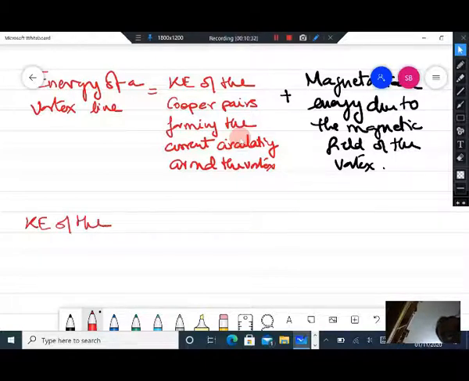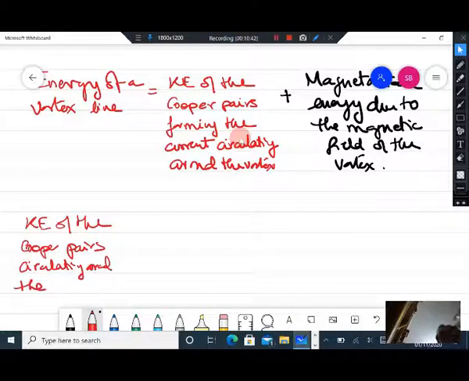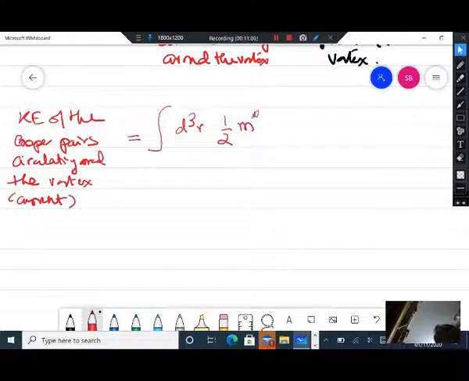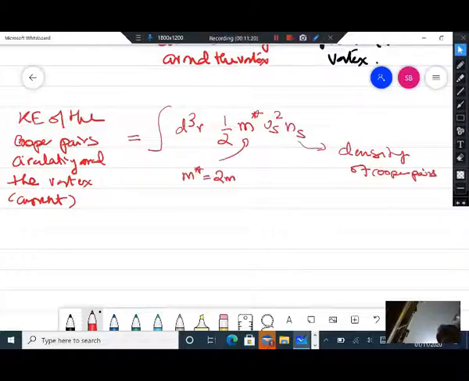The kinetic energy of the Cooper pairs circulating around the vortex, which form the current, is equal to the integral dq bar, half m star vs square times ns, where ns is the density of Cooper pairs, and m star is equal to twice m.